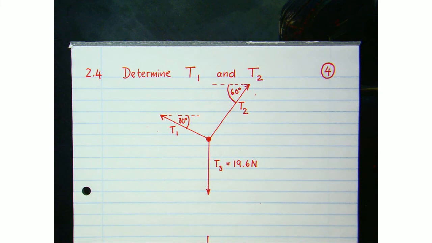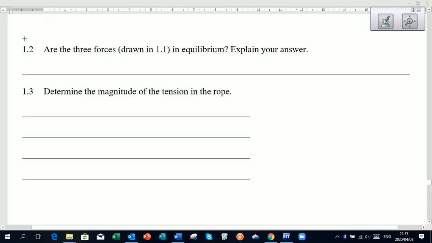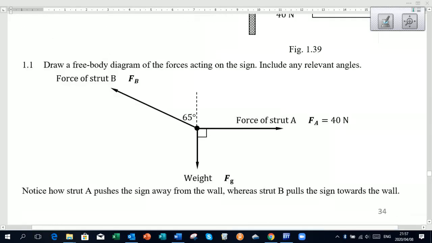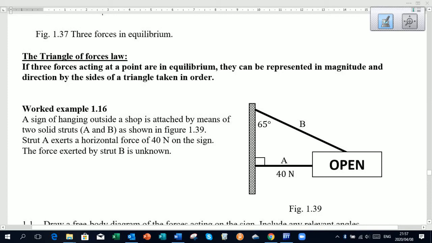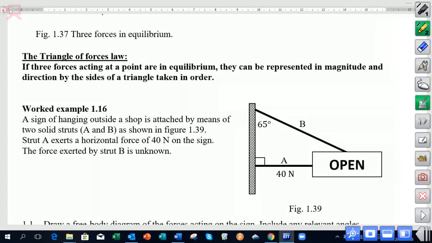So let's just look at the statement of the triangular forces law first. There it is. It talks about if three forces acting at a point are in equilibrium, so the net force is 0, they can be represented in magnitude and direction by the sides of a triangle taken in any order.